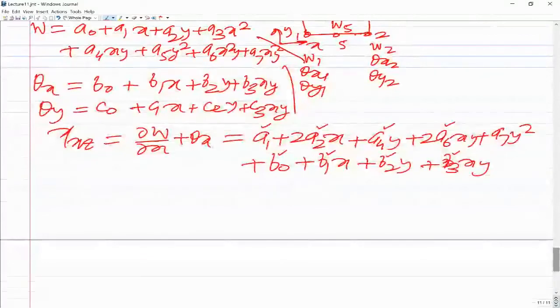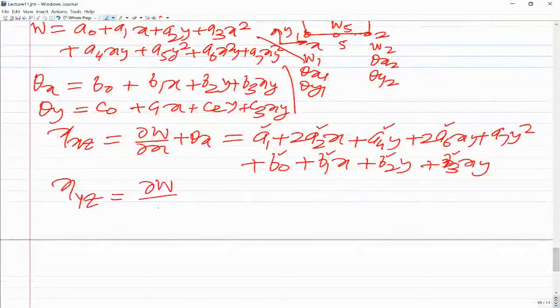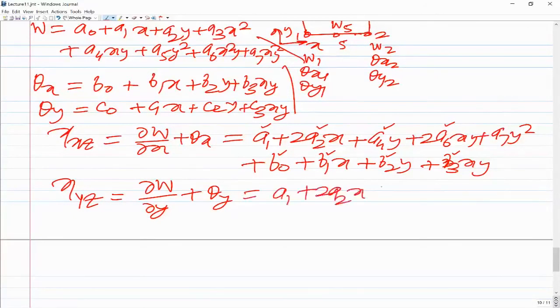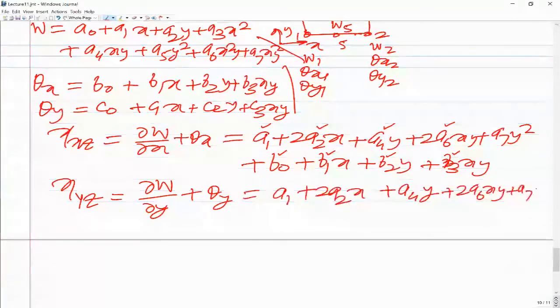So similarly, if you look at the gamma yz also, that is, del w by del y plus theta y. I'm sorry, I was writing a different thing.